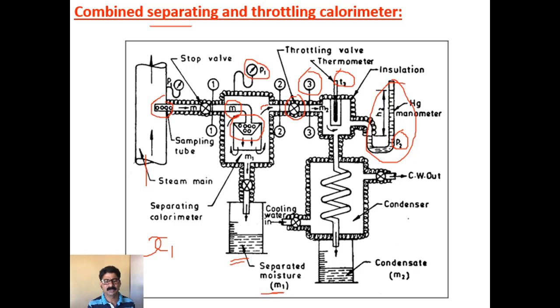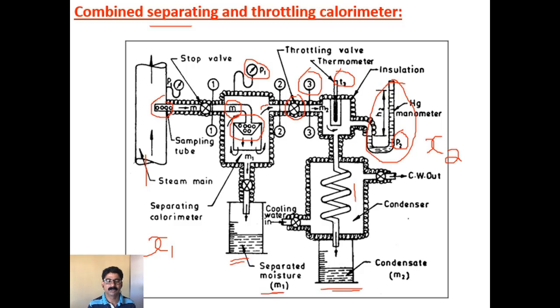Now the throttling calorimeter I already explained. Here H2 is equal to H3, right? In order to know the amount of steam M2 passing to the throttling calorimeter, it has to pass through a condenser, so you can calculate M2. Now you have two dryness fraction values: X1 using the separating calorimeter and X2 using the throttling calorimeter.